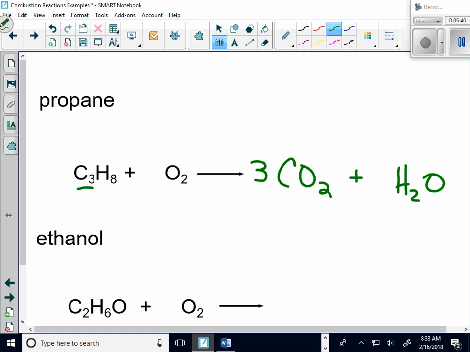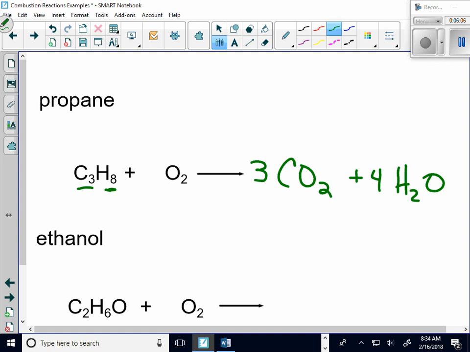I'm going to save oxygen for very last because it's by itself. I'm going to balance up this hydrogen right here with the 4 over there. So now I have 8 hydrogens. I have 3 carbons. They are all balanced.